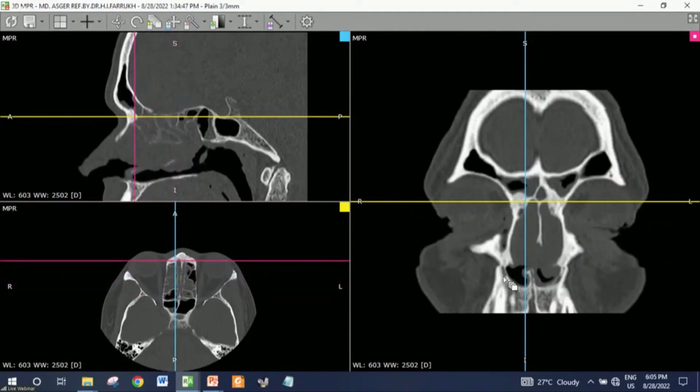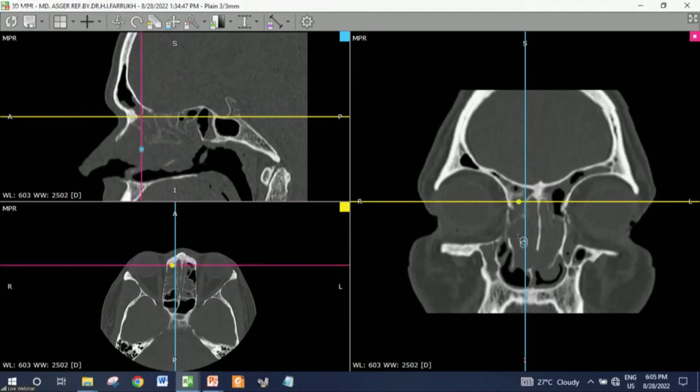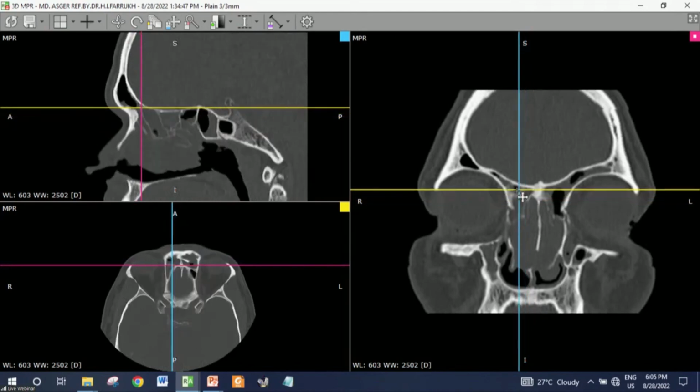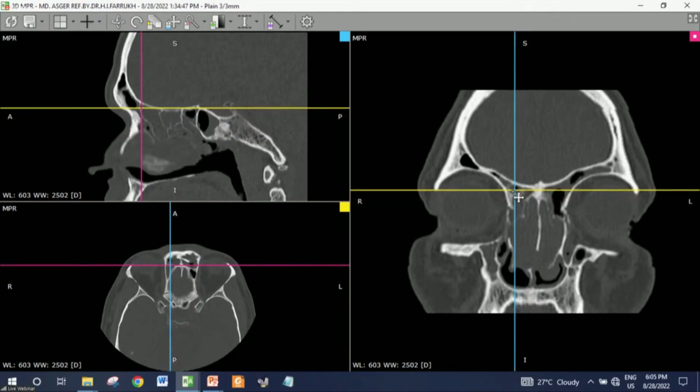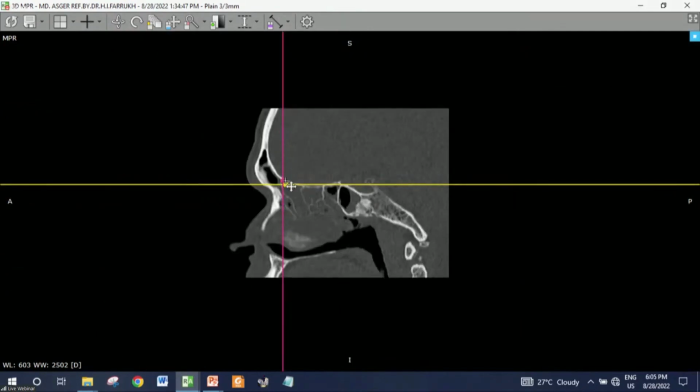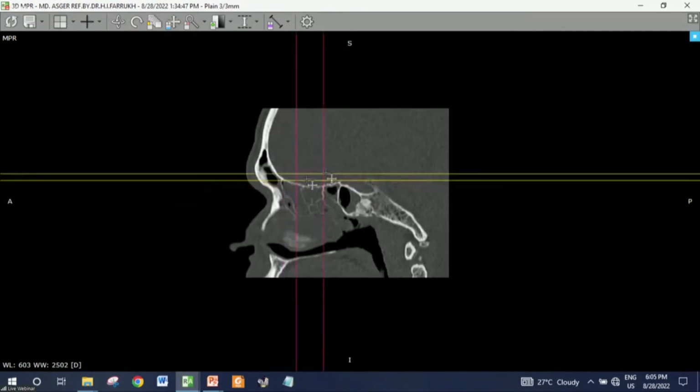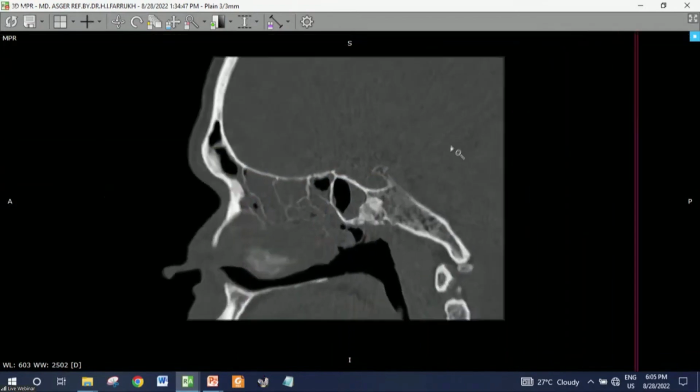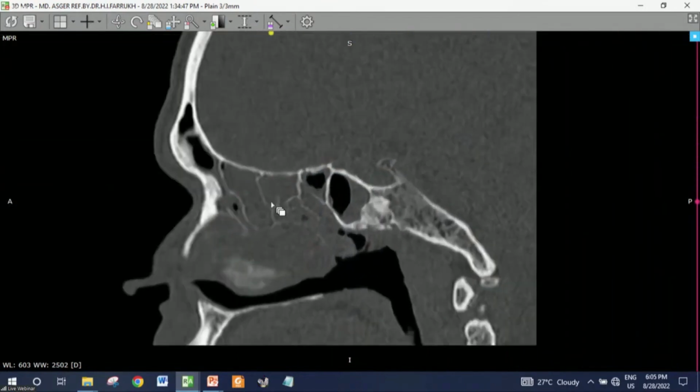Right. See this, the frontal sinus and this cell. Let me bring my cursor into this cell. Can you see here? And see this cell. Amazing. Can you see this frontobulbar cell?